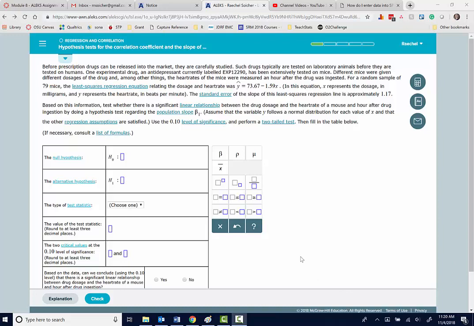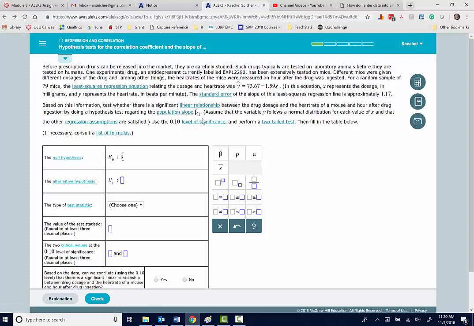Our null hypothesis is always going to be that beta, which represents the regression coefficient, is equal to, and in this case they've given us beta sub 1, so we want to be sure that we use that same exact notation.